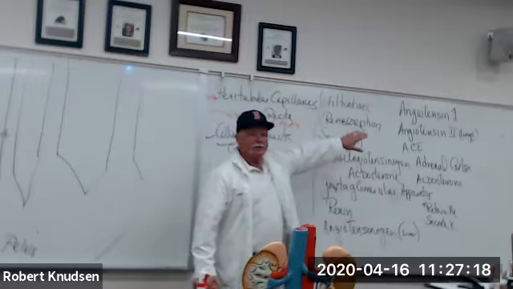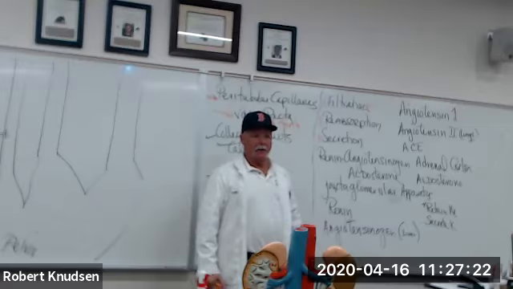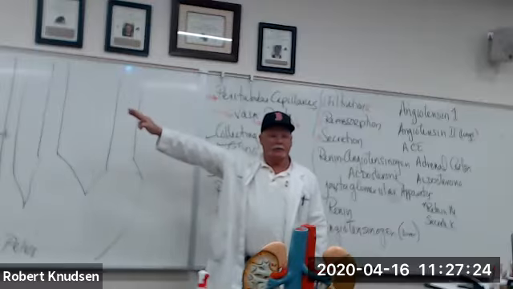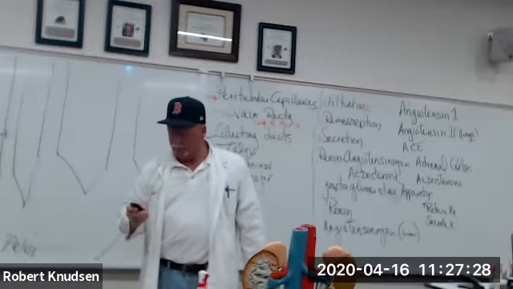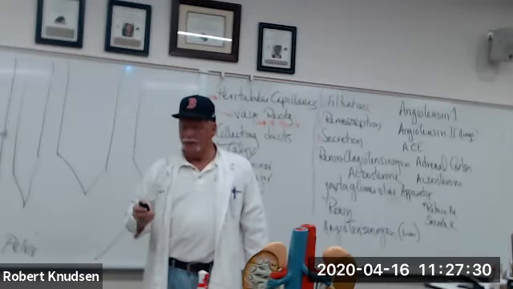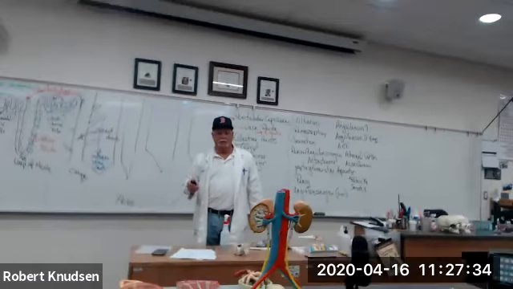The question I'm posing to you: where did filtration occur in our model that I drew for you? Okay, now you can see the whole thing. I'll move it over a little bit.